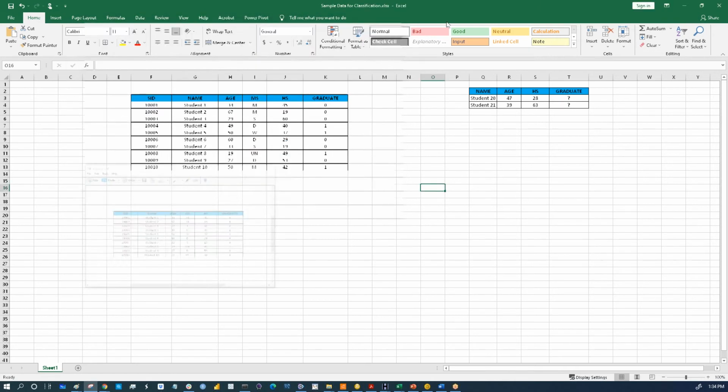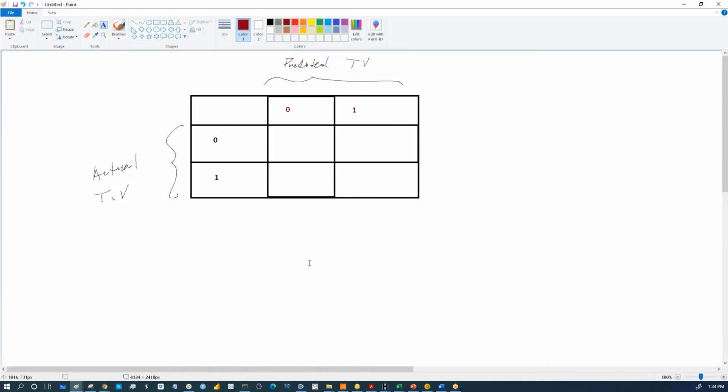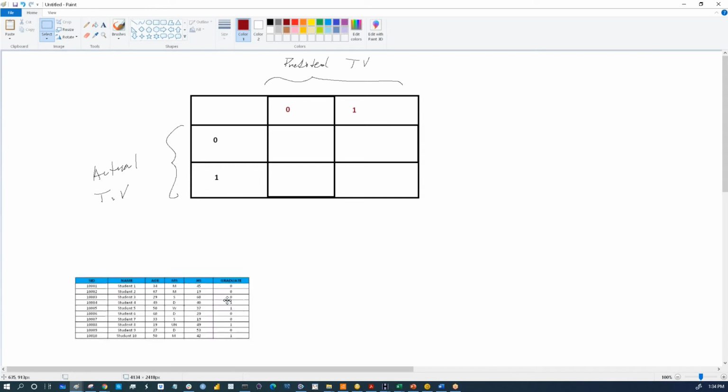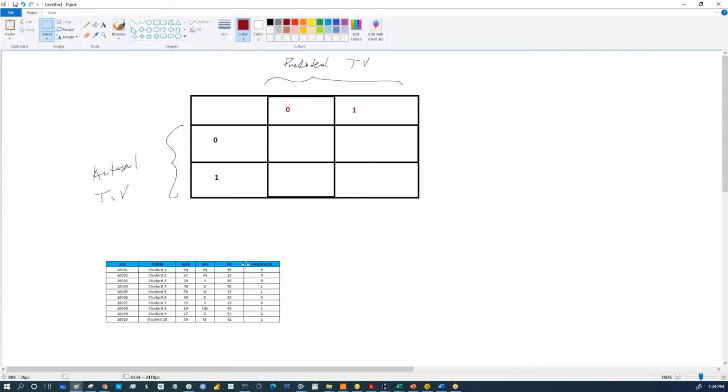So if we were to predict only this student here, what would be our prediction? 0. How do you know it's 0?